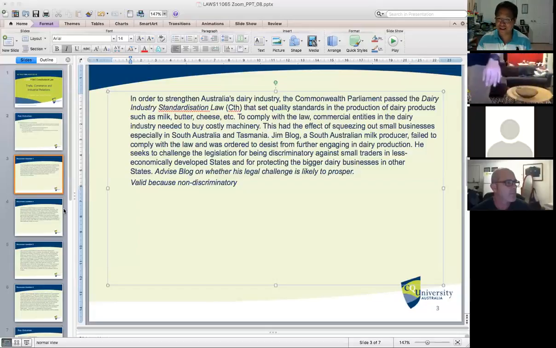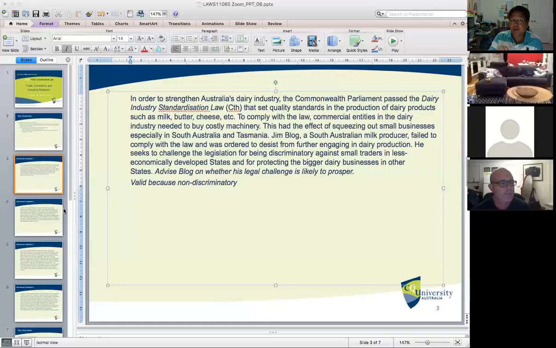So the answer here is that for as long as you can make a reasonable connection of this law to one of the heads of power, in this case trade and commerce, either interstate or international, then it could be argued that there is a head of power on which the Commonwealth Parliament can legislate on this subject matter.